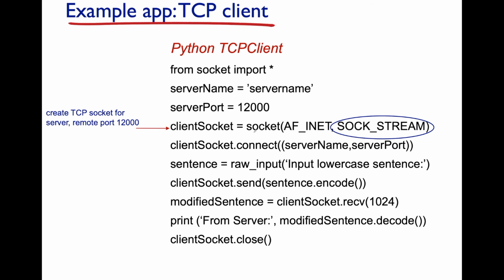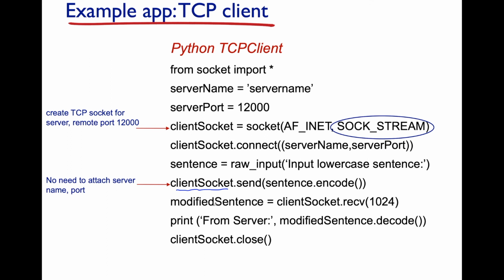Then you call connect on this client socket, and you give the server name, the host name, that's the machine or the network card, and the port number. Now you go to the command line, get the input, and you send through your client socket, the client side endpoint, that information that you obtained from the keyboard.